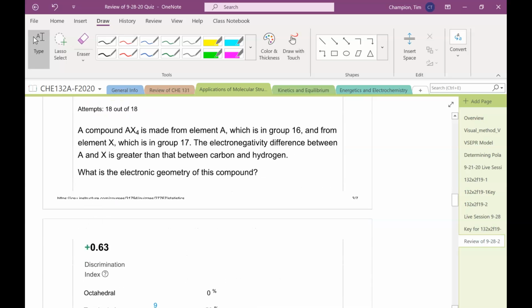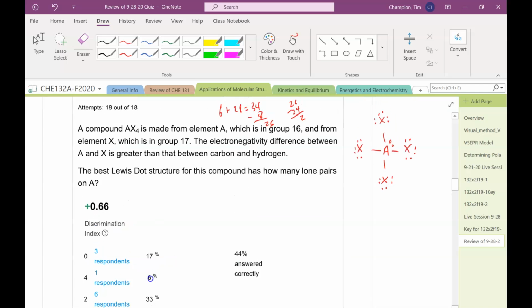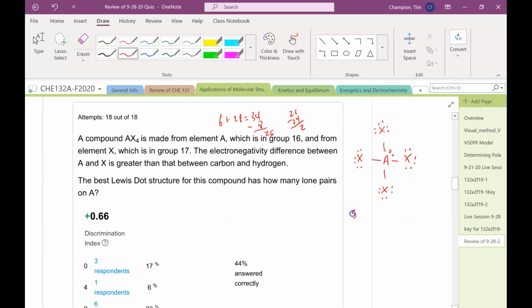Then we have to think about the electronic geometry. If we look at this, we've got 5 groups, of which 1 is a lone pair. So 1, 2, 3, 4, and then 5 there. 5 groups tells us that it's trigonal bipyramidal in terms of an electronic geometry.